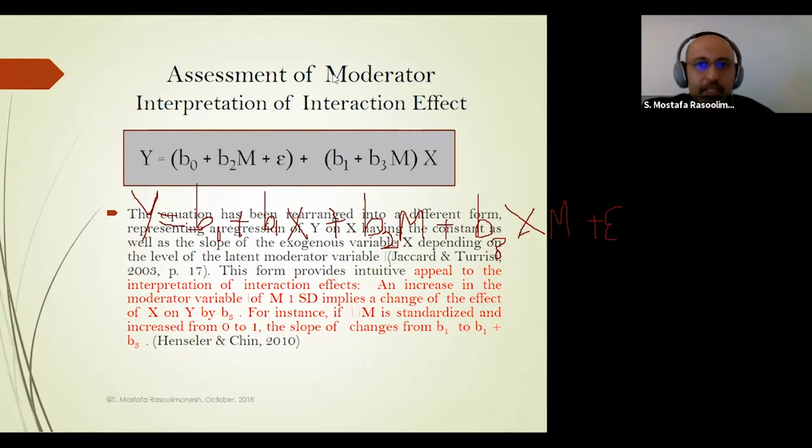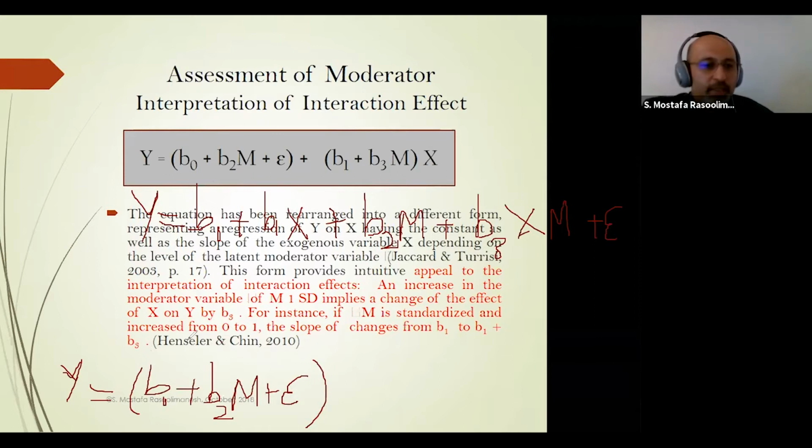Y is beta 0 plus b2M, not including X, plus error.